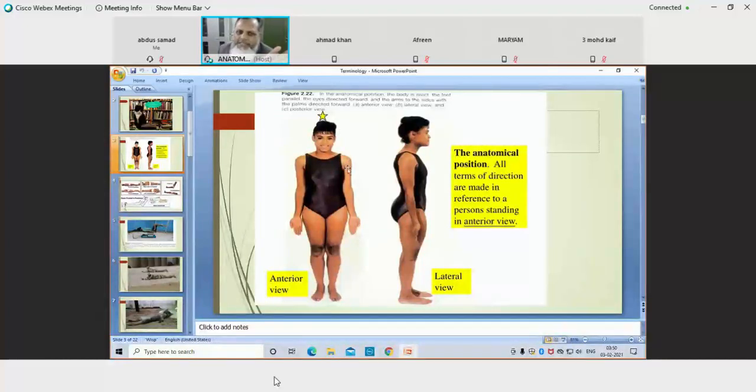In the case of the arm and the forearm, the anterior surface is known as the flexor surface, and the name of the anterior surface of the hand is palm. If someone asks what palm is, palm is nothing but the anterior surface of the hand.